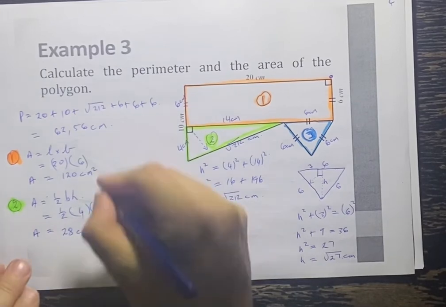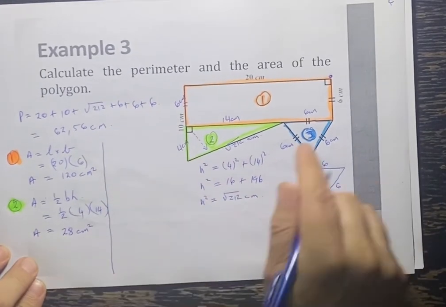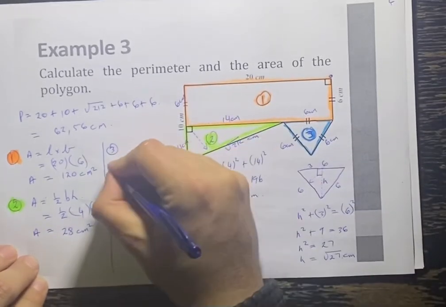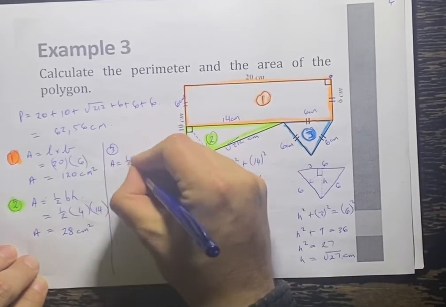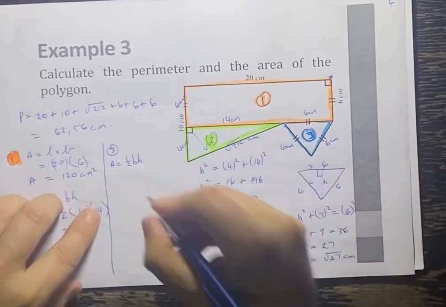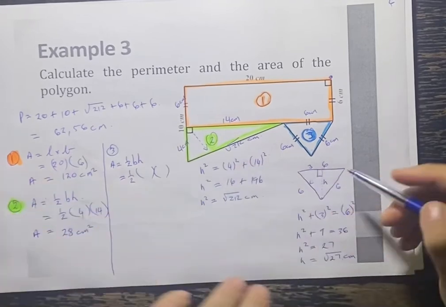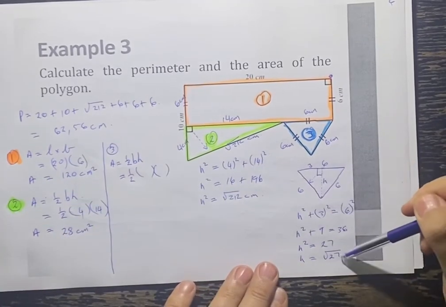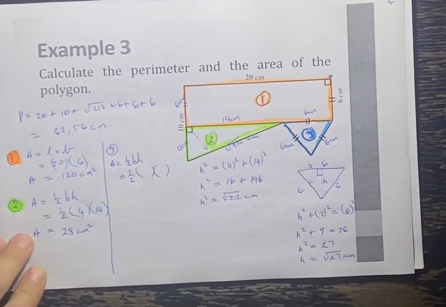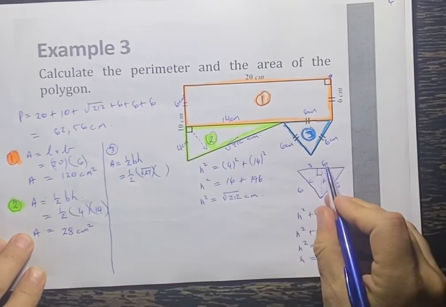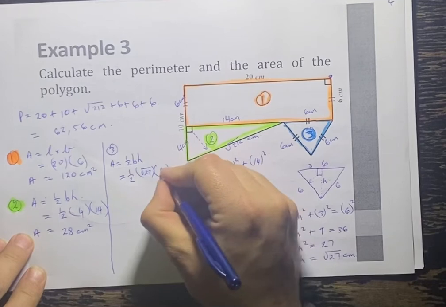Now we just have to do it for shape 3. Again, it is a triangle, so A is equal to half base times height. Now remember, we worked out the height over here, so that is the square root of 27. And then our base is 6. Remember, it's the entire length.